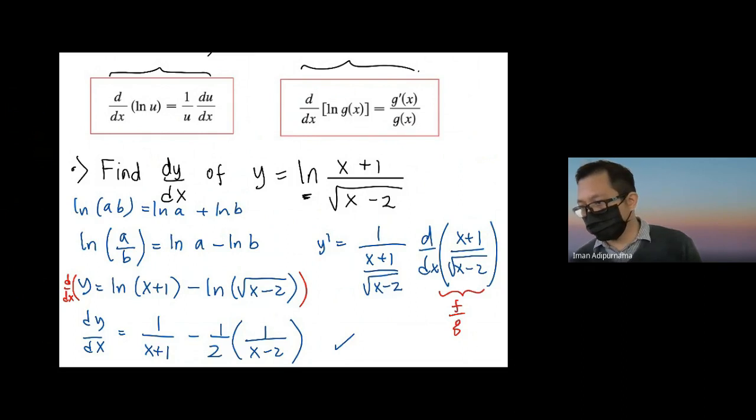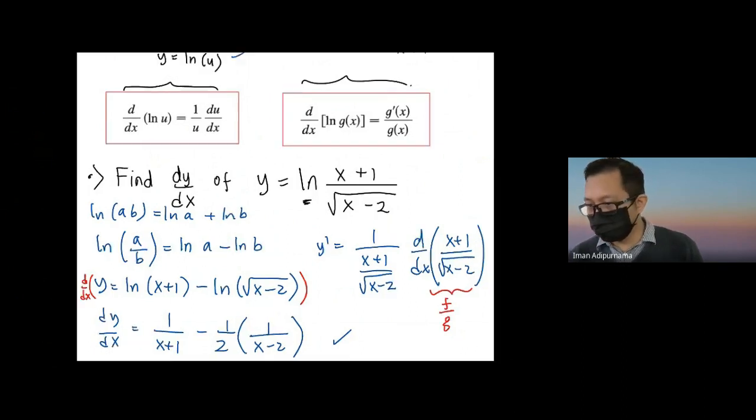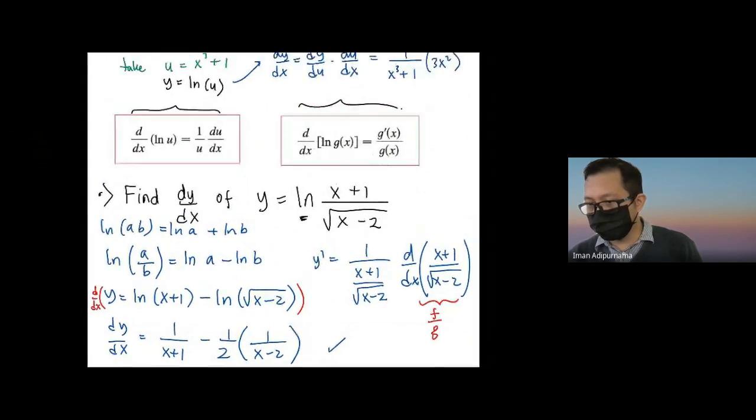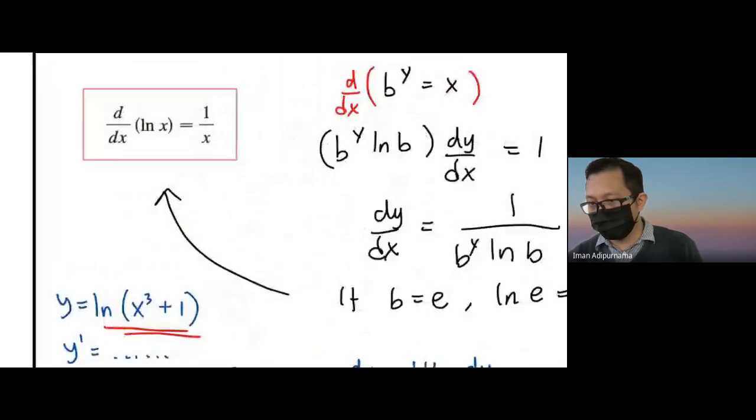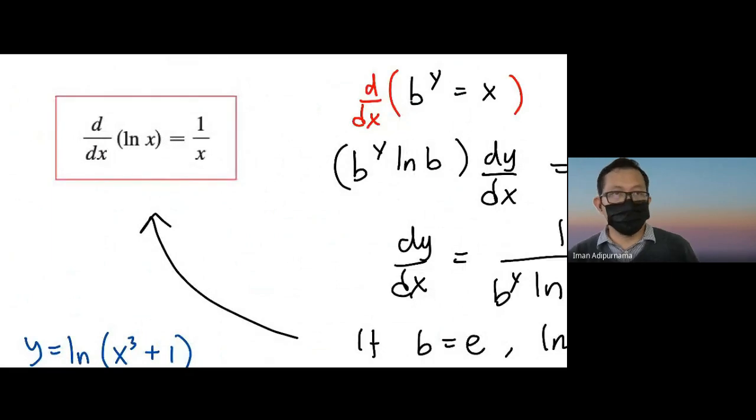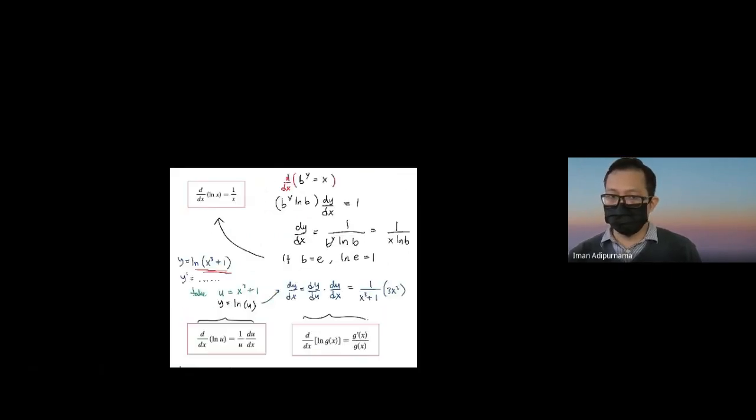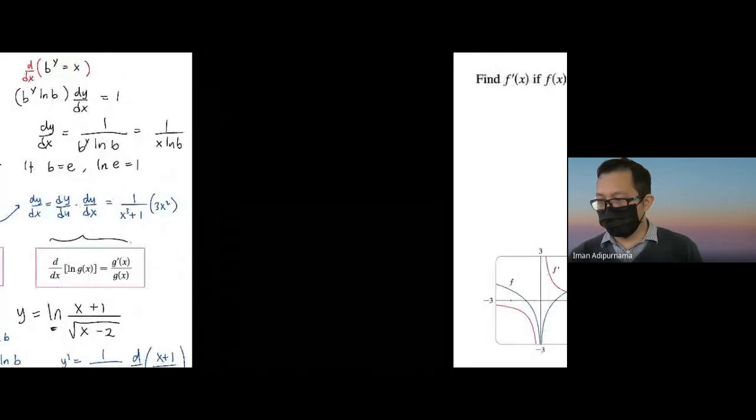I will have some notes for you. It's about the ln. So we already discussed that if you have ln x, you can differentiate it, and it is 1 over x.